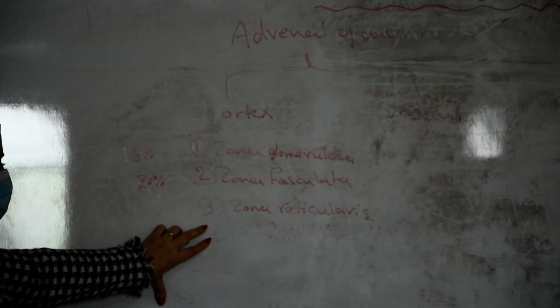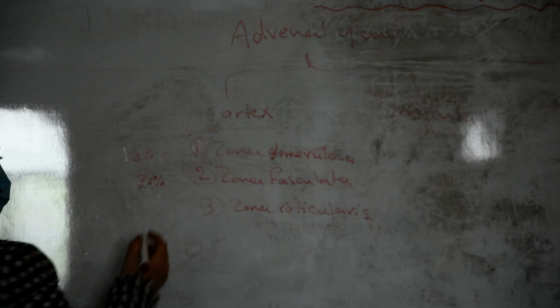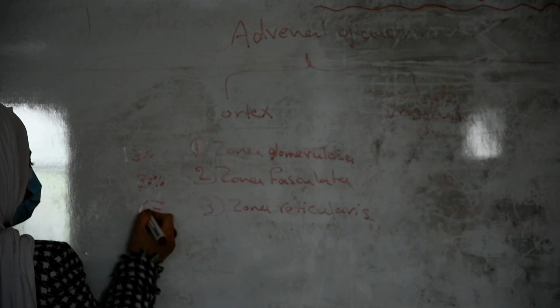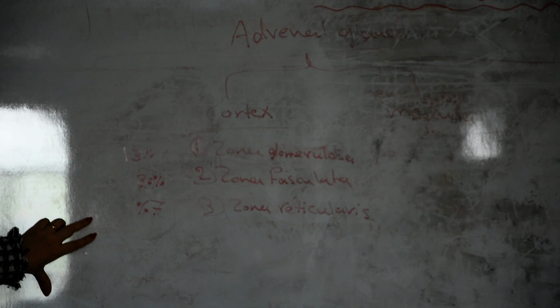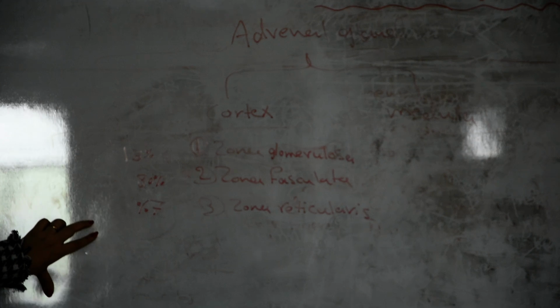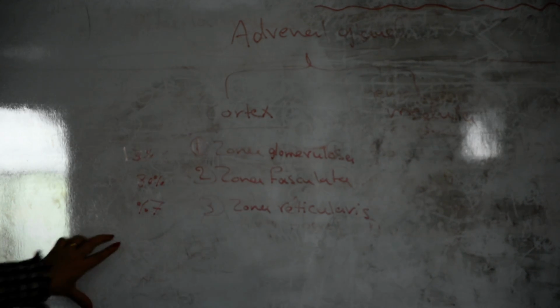While the reticularis, which constitutes the smallest part, 7%, its parenchymal cells secrete the glucocorticoids and androgens, sex hormones.